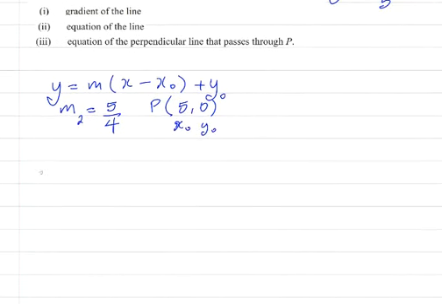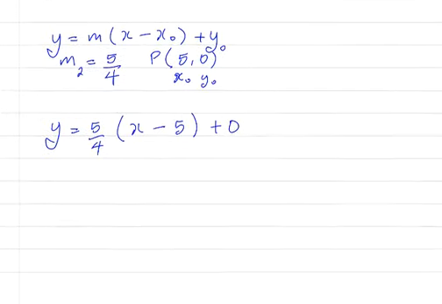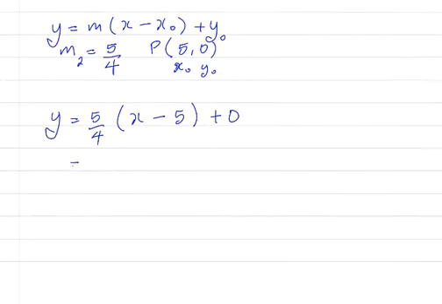So y would therefore be equal to 5 over 4 into x minus x naught, which is 5, plus y naught, which is 0. I'm going to remove the brackets by applying the distributive law. Whatever is inside is multiplied by what is immediately outside. So what I'm going to have is 5 over 4 x.